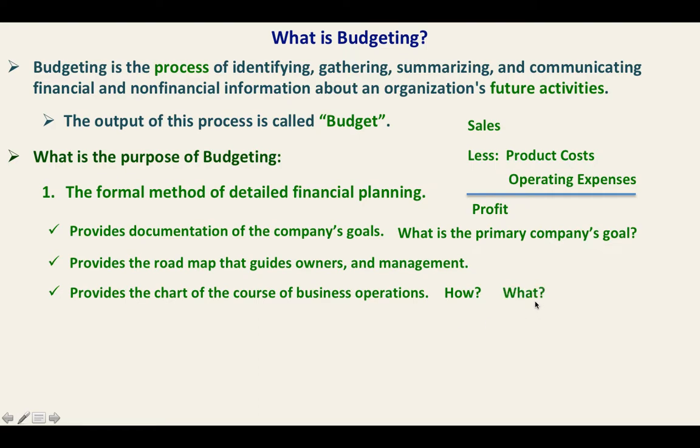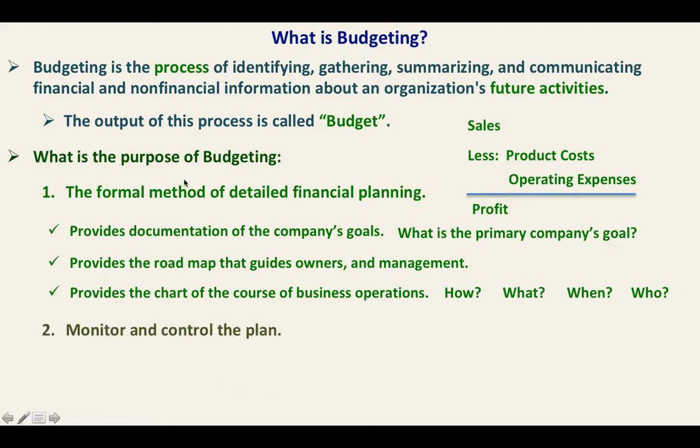What are the strategies that we have to employ in doing the operations to achieve profit? And when is the timeline of achieving a certain target? And then who are responsible? The financial planning will provide answers to these questions.